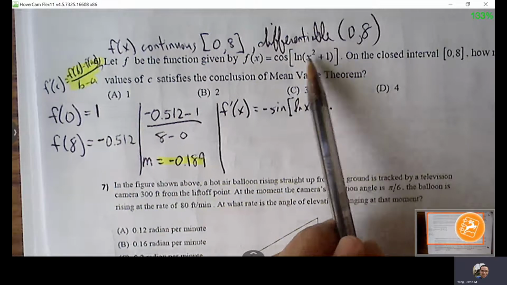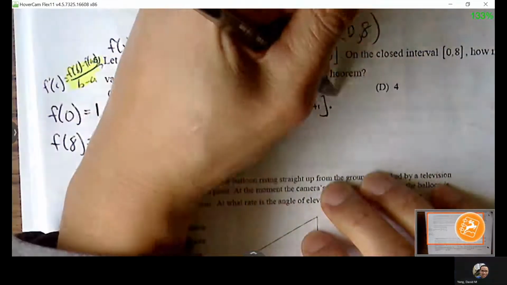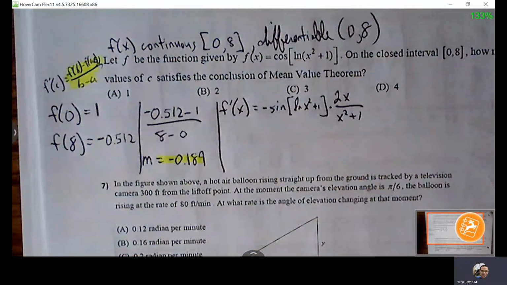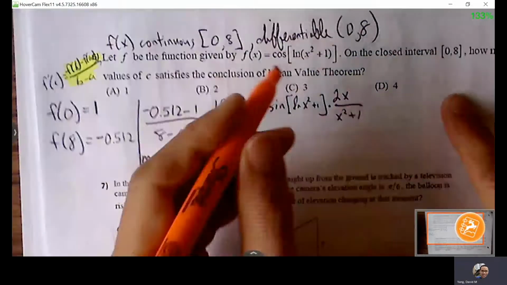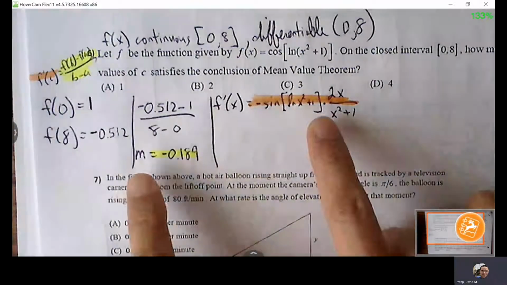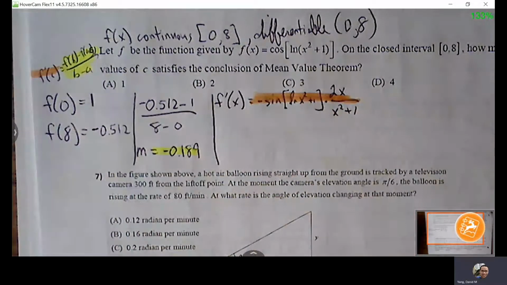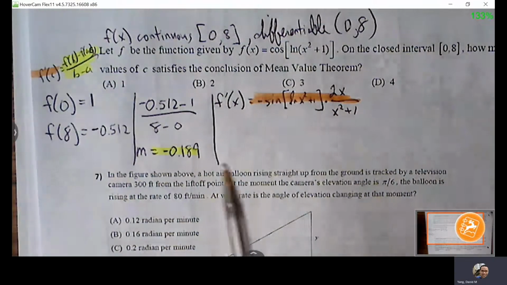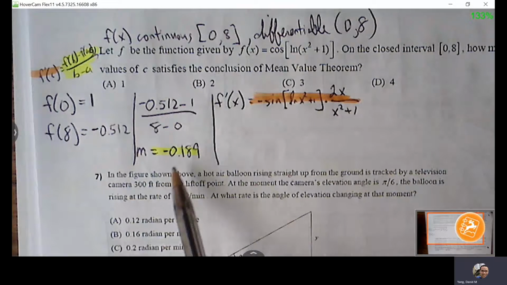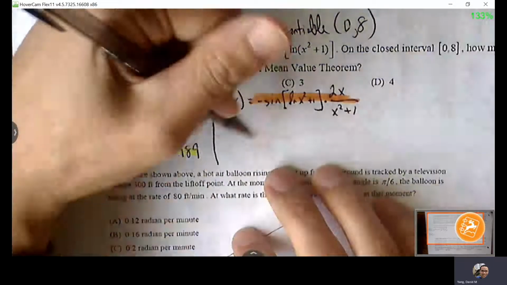That's natural log of u is u prime over u. So what we have is the derivative, and now we're just going to set the derivative equal to the slope. And we're going to ask the derivative to tell us where does the slope live.